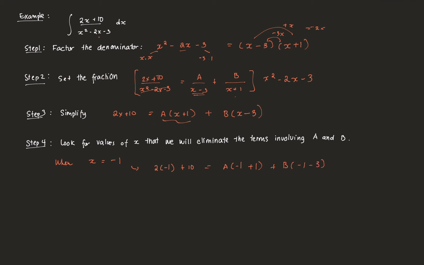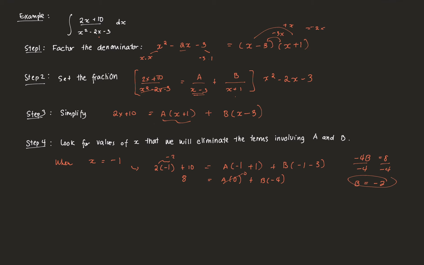So we get 8, because this one is -2, equal to a times 0 plus b times -4. So this one will just cancel out, and we get -4b equal to 8. Then I divide both sides by -4 and I get b is equal to -2. So I'm able to solve for b there.